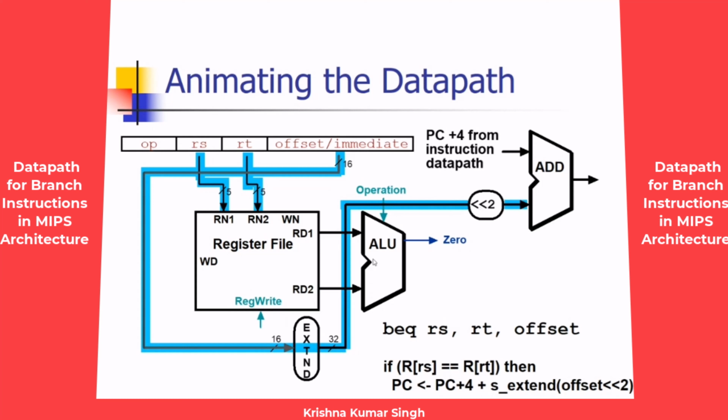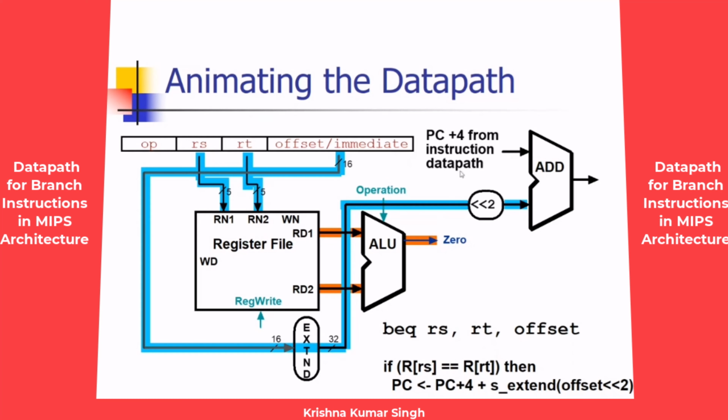Here the content of the register RT and the content of the register indexed by RS are read from the register file, and now they are given to the ALU. You perform the subtraction and according to the value of the zero flag, the branch should be performed, or we should ignore it and go to the next instruction.